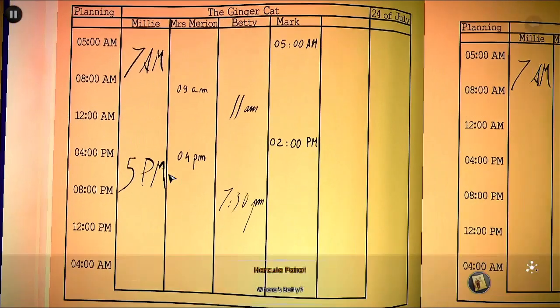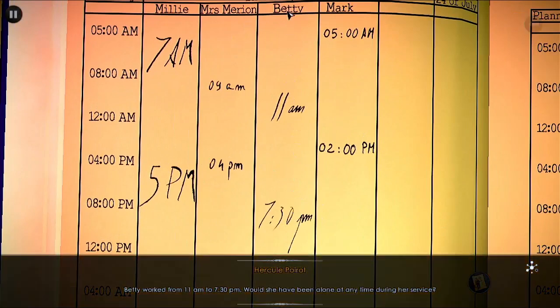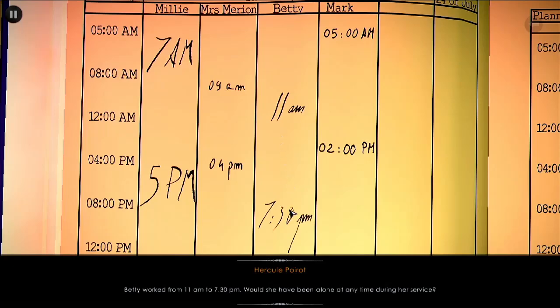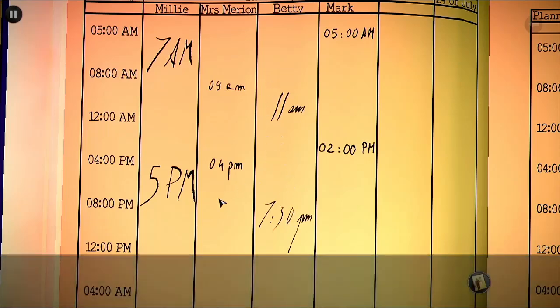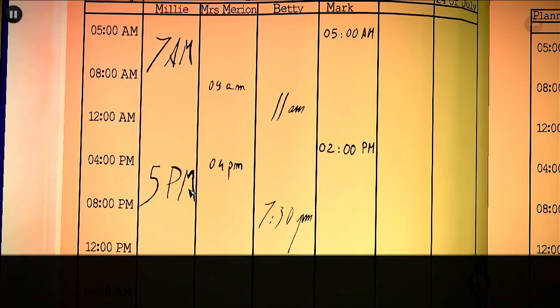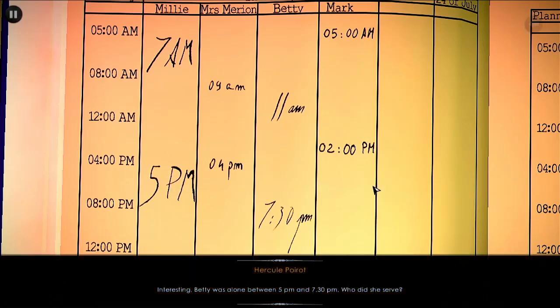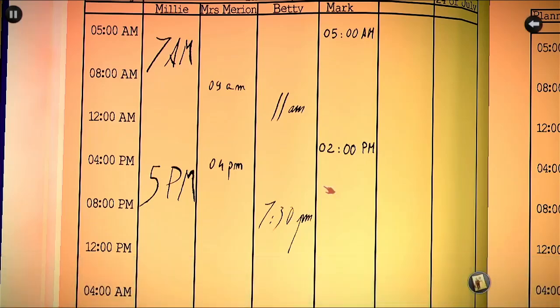Let's click that one. Where is Betty? She's here. Betty worked from 11 a.m. to 7:30 p.m. Would she have been alone at any time during her service? Yes. Interesting. Betty was alone between 5 p.m. and 7:30 p.m.